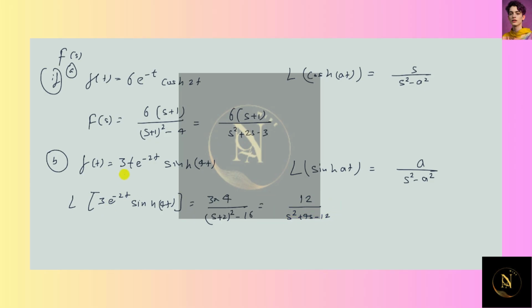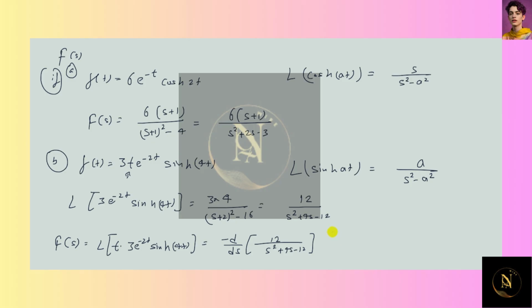Here this is a Laplace, but we have to again multiply it with t. When we multiply with t, this would be the required term. So the Laplace of t multiplied by 3e^(-2t) sinh(4t) is minus d/ds of 12 divided by s² + 4s − 12.